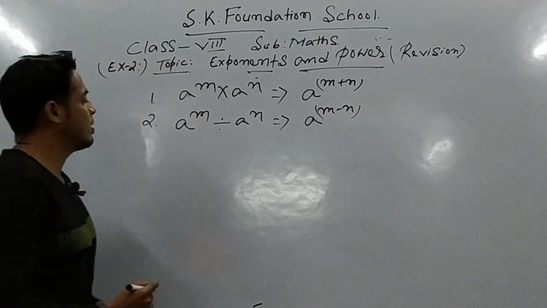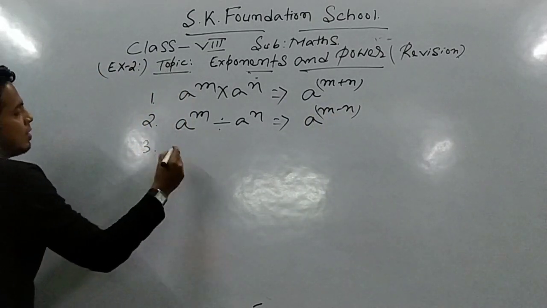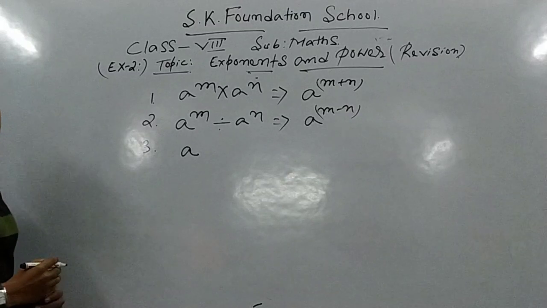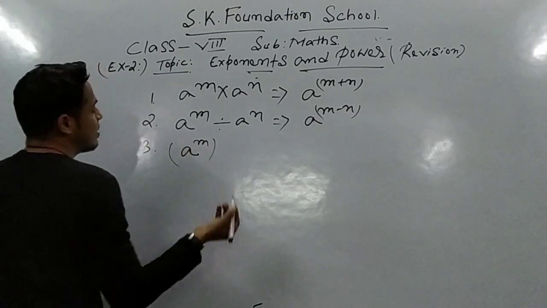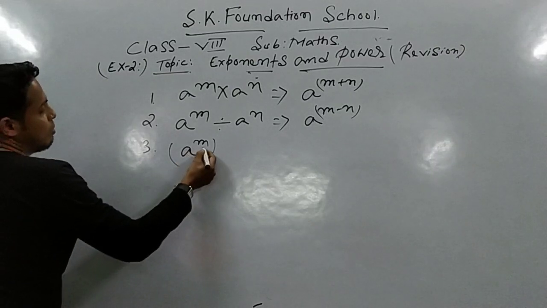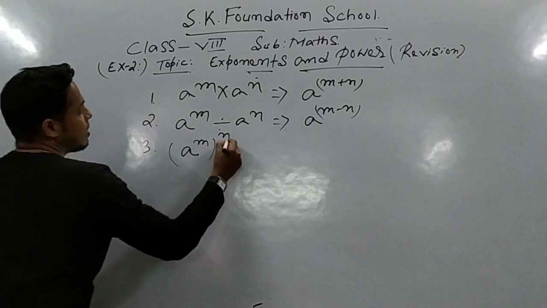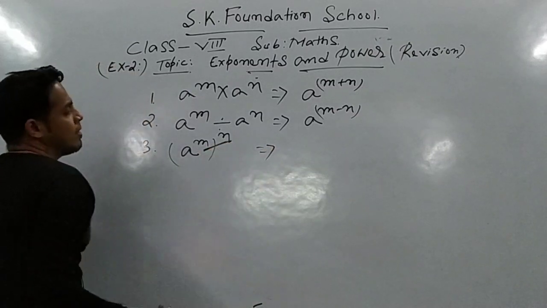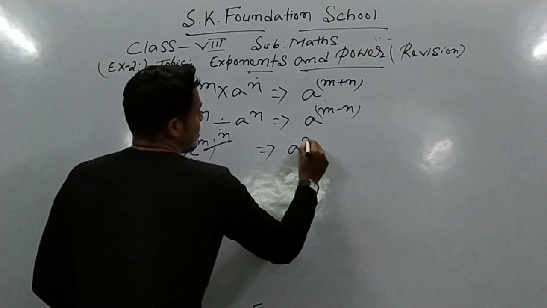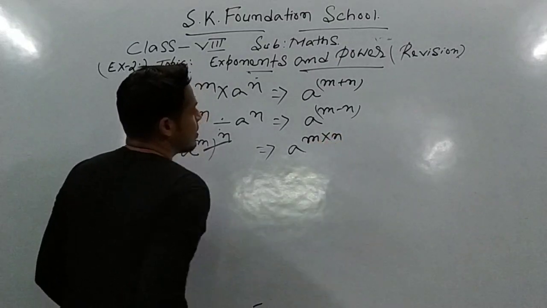Okay, third formula. If any term contains more than one power, it may be 2, maybe 3, whatever. Suppose the first power is m, the second one n. In this case these two powers are multiplied, right? A to the power m into n.